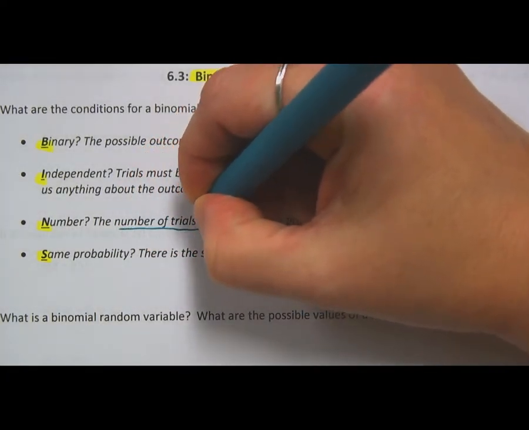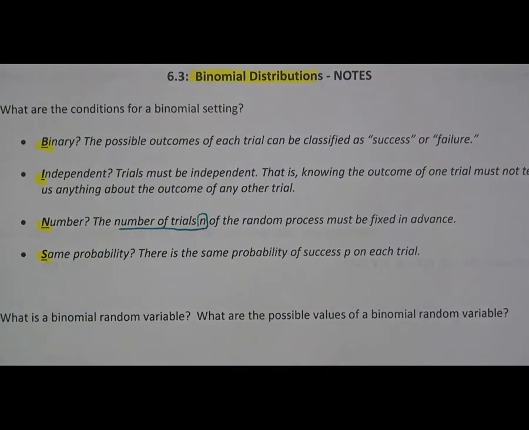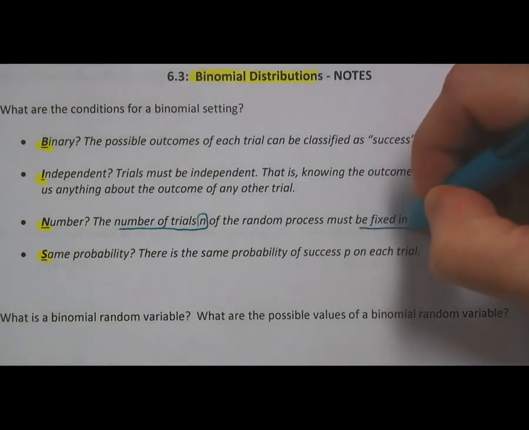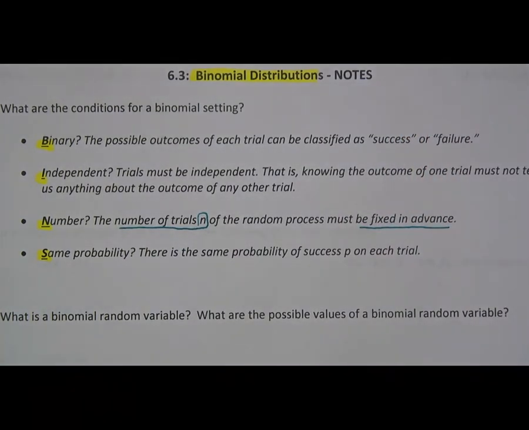That's going to be denoted by lowercase n in our formulas today, and you'll write that in just a second. But the number of trials is fixed in advance. All that means is they will tell you in the word problem, like, hey, you're going to flip a coin 50 times. They will tell you the number of trials in advance. If that is true, then you can check the N and move on to the S.